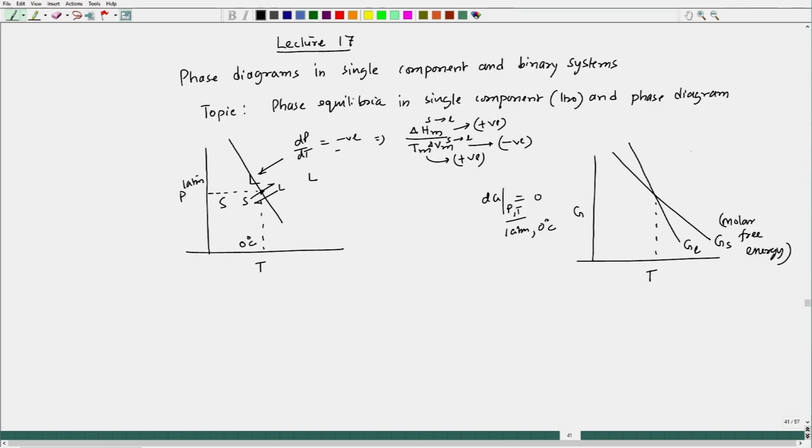Again, if we consider 1 atmosphere, this temperature would be 0 degree Celsius, and here we have some G. If I try to draw delta G for solid to liquid, this corresponding point if I take it here, this is 0 value, and through this I will get this particular plot.